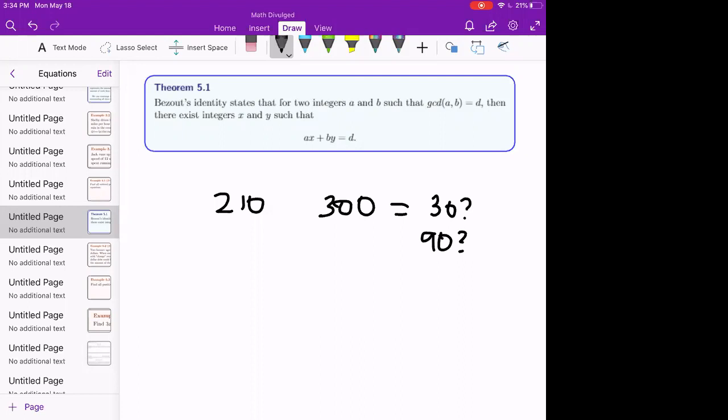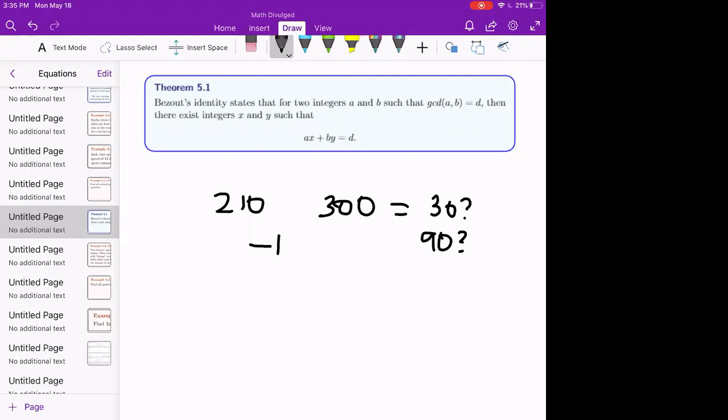And it's important to note that these variables aren't necessarily representative of the amount of pigs and goats that we have. It just represents the number that's being exchanged. Because obviously, if x is equal to -1, we can't really have -1 goats, but this just means that one goat is being exchanged in one direction or another.